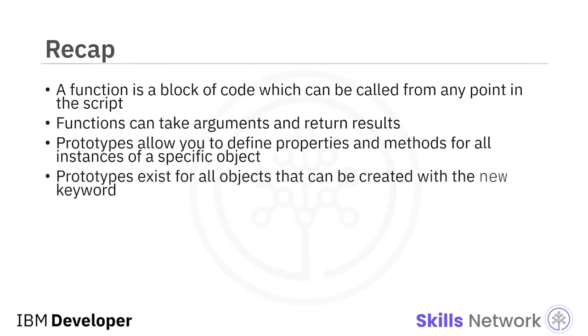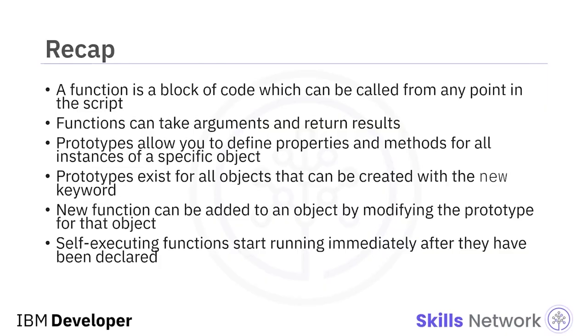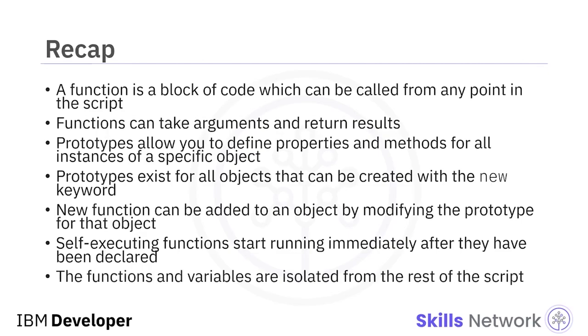Prototypes exist for all JavaScript objects that can be created with the new keyword. To add a new function to the template for the object, modify the prototype for the object. Self-executing or auto-invocation functions start running immediately after they have been declared. The functions and variables are isolated from the rest of the script.